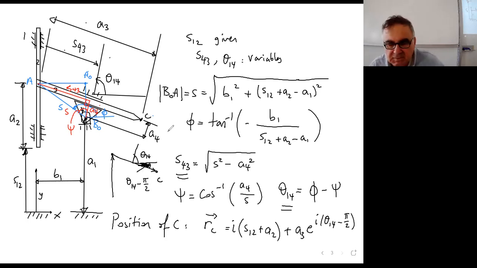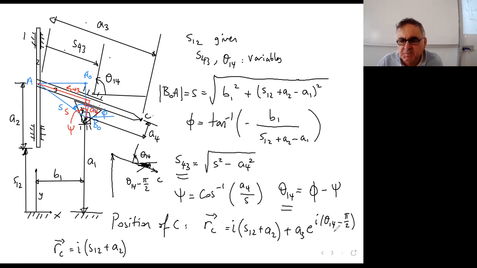Because it's a negative angle, therefore it's in the clockwise direction. I is the imaginary number, so you can write RC to be, let me write it again, I S12 plus A2.